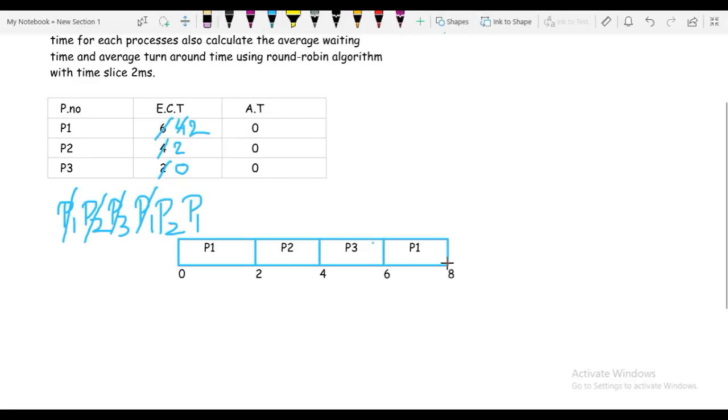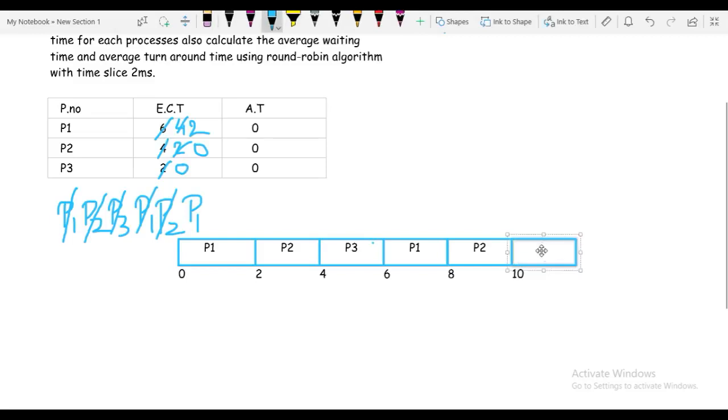P2 will run for 2 units till 10, and P2 will get over and won't stand in the queue. Now we have P1 last.